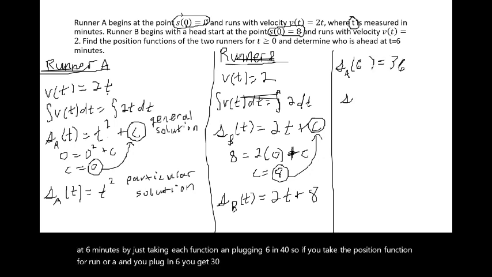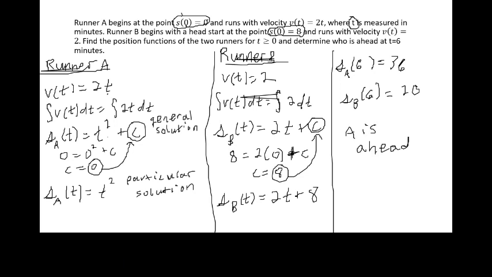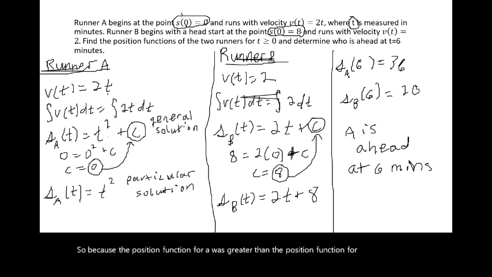And then if you take the position function for runner B and you plug in 6, you are going to get 20. So obviously A is ahead. Because the position function for A was greater than the position function for B at 6, A is ahead at 6 minutes.